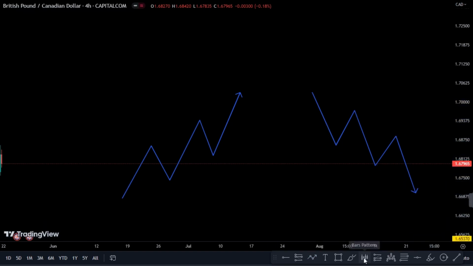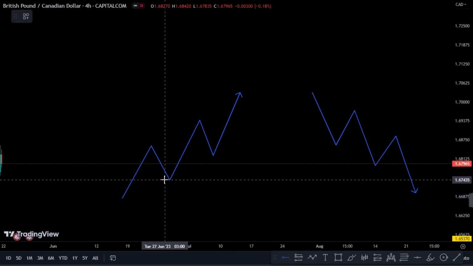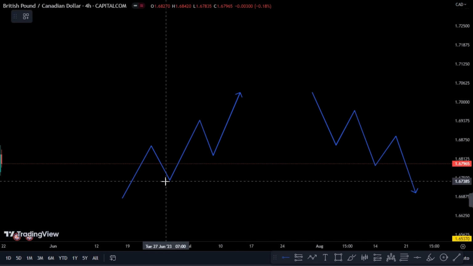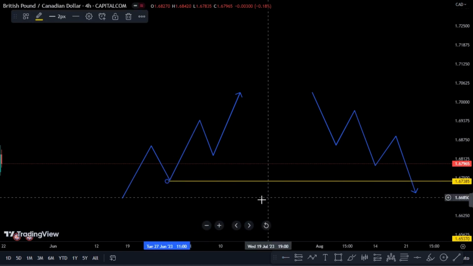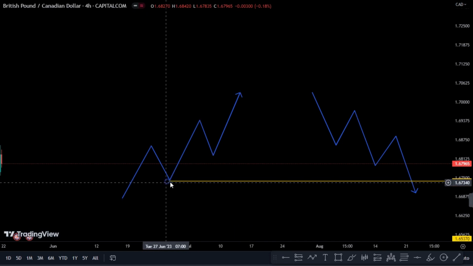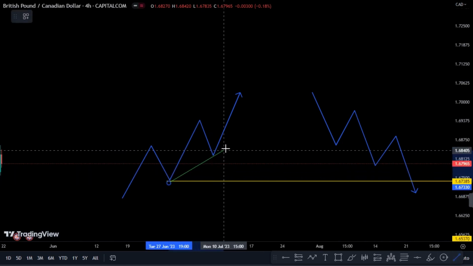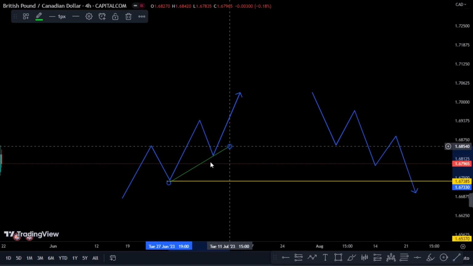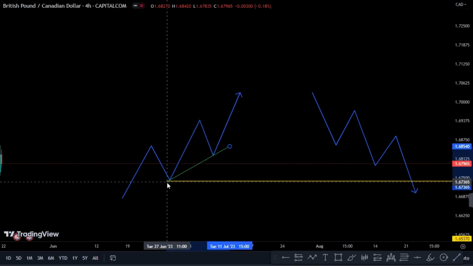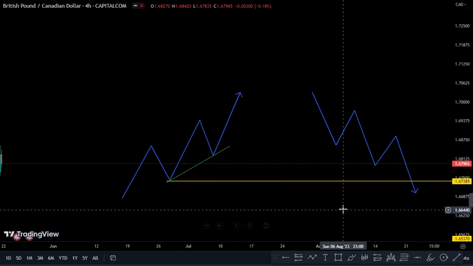And always make sure that you remember that the principles that you apply on a horizontal resistance like this one, they apply exactly the same on the diagonal resistance, which is our trend line that will look like this.